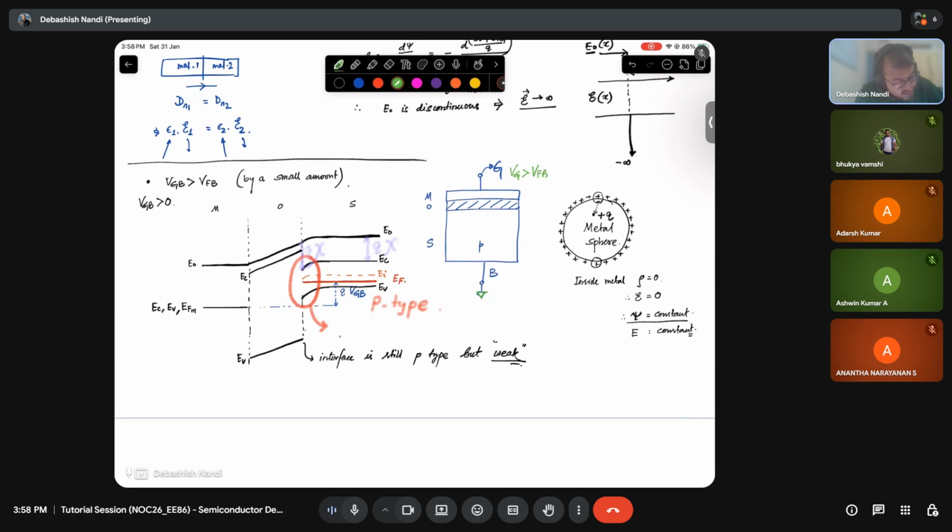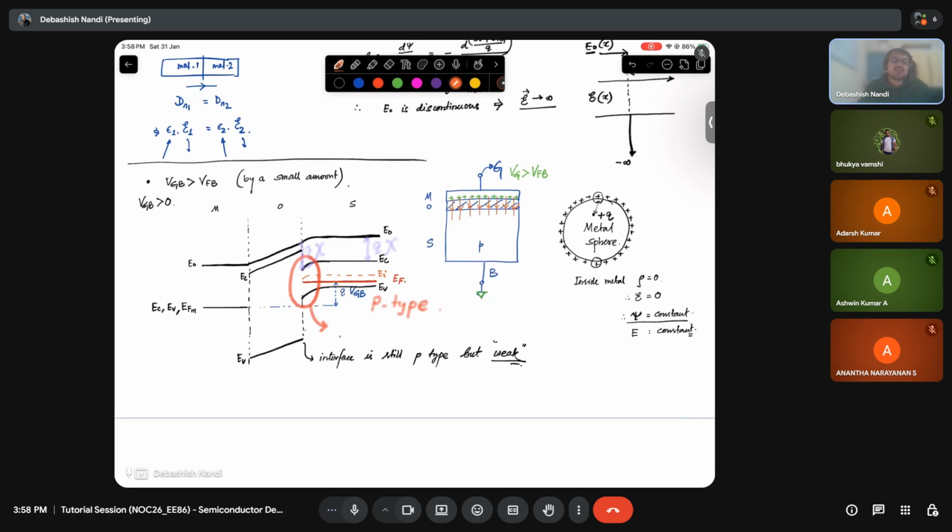We have considered VFB to be 0, right? If that is the case, what will happen? Positive charges will form at this interface, the metal outer surface, right? This will start to create electric field lines. Those electric field lines will have to be terminated at some negative charges.